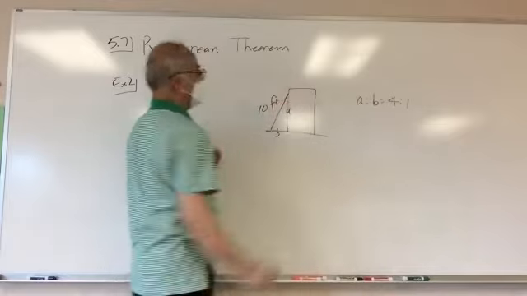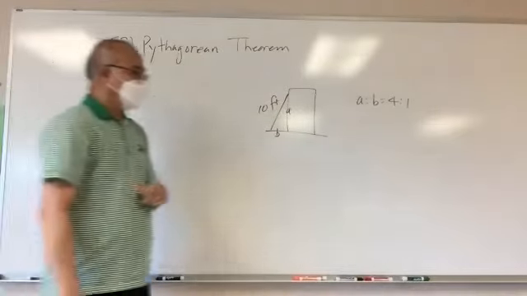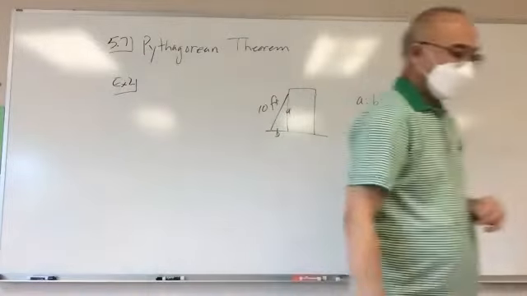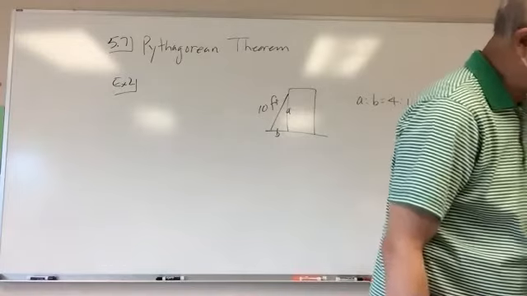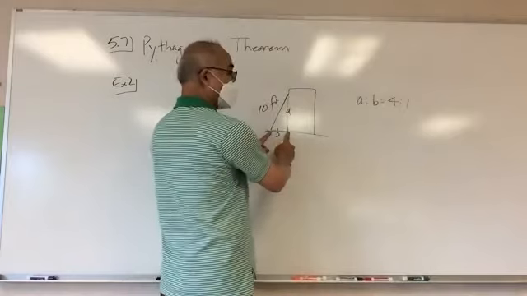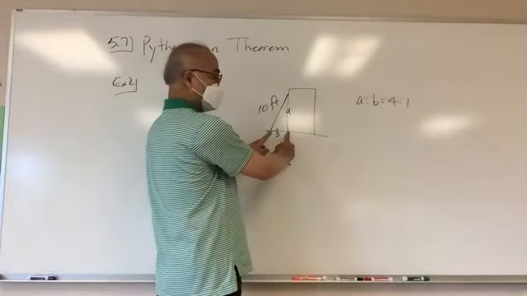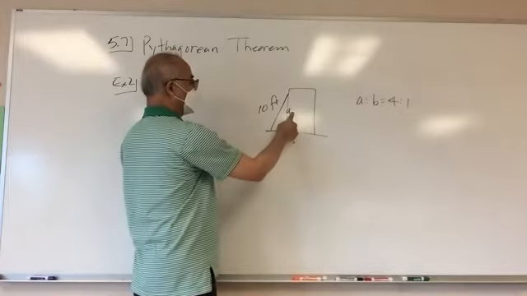10-foot ladder here, right? And you're trying to find how far from the base of the wall you should place it. So you're trying to find this guy here, right? This length here. Okay. So if this is B, what is this?